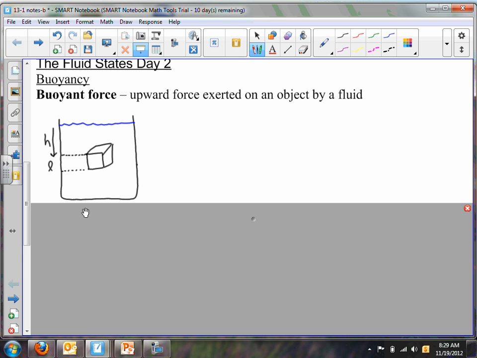Here's how this works. You've got this block of some substance underwater. h represents the distance from the top of the level of the water to the top of the block, and L is just the length of the side of a cube. We just derived that pressure is equal to weight density times height times g. And we know pressure is force over area.